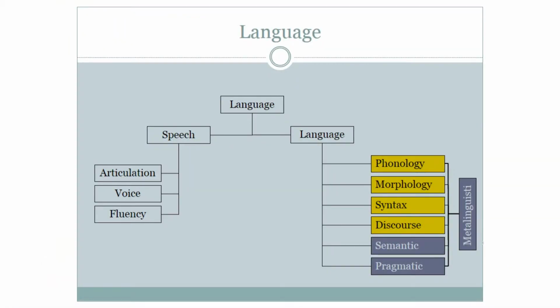And pragmatic language skills, which we're going to talk about a little bit later on, have to do with your ability to be reciprocal in your communication, to basically understand what the person means by what they say, to understand that the listener is not thinking what you're thinking. And those are key factors that we're going to be assessing in language development in children that present at risk for autistic spectrum disorders.